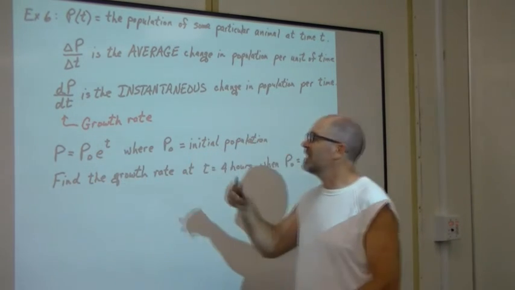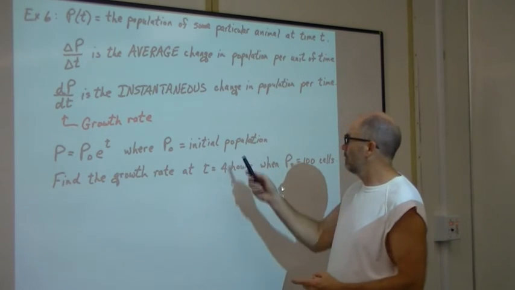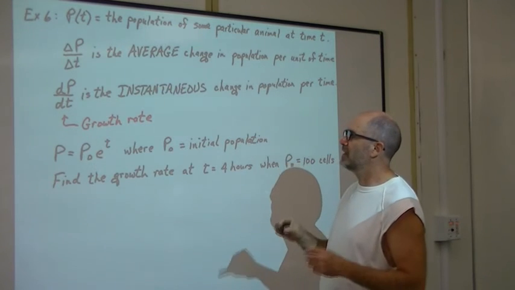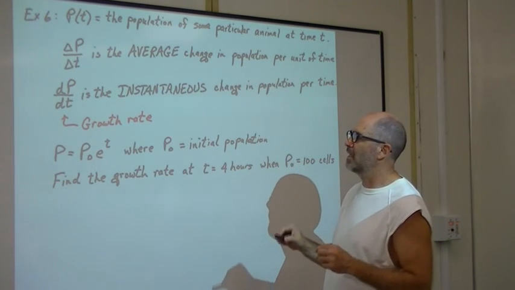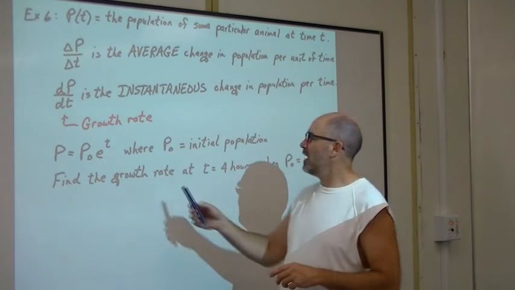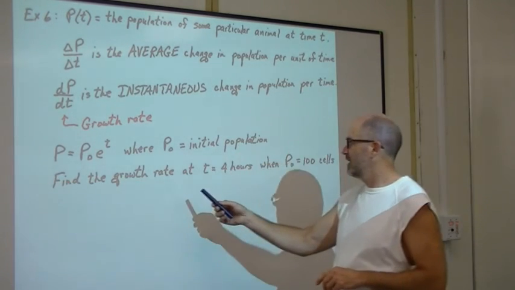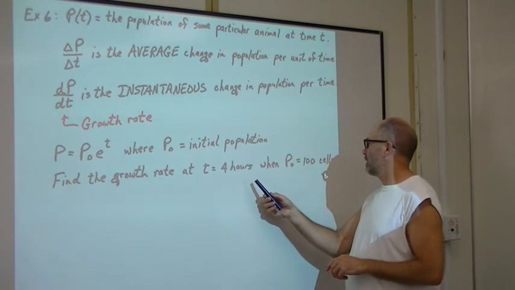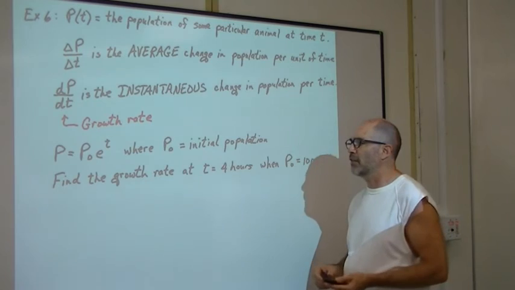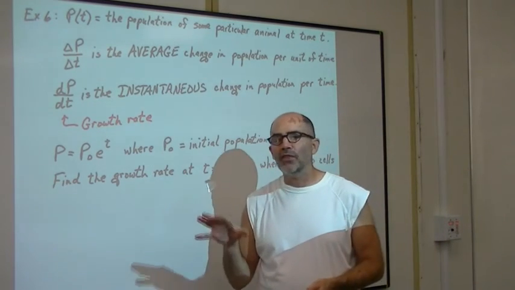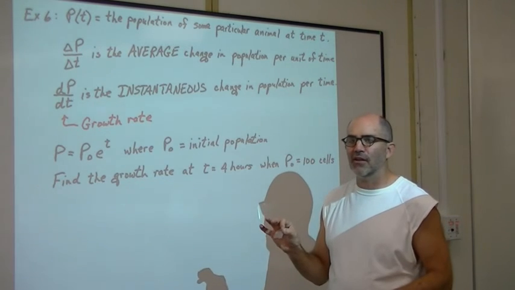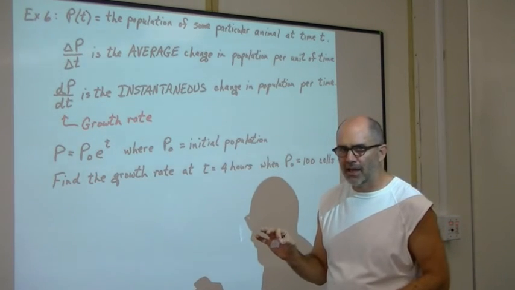What's P sub 0? It's the initial population. P sub 0, always the initial population. And that means the population at time equals 0. Okay, what they want us to find out is the growth rate at 4 hours after. Now you've got 100 cells to begin with, and you want to know what the growth rate is 4 hours after you let those 100 cells multiply.